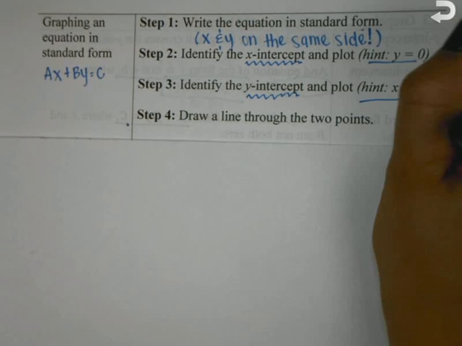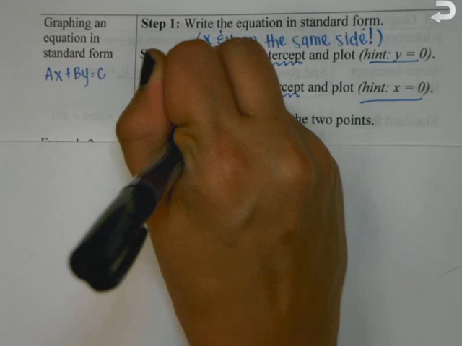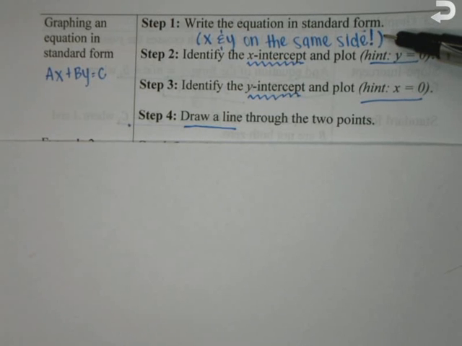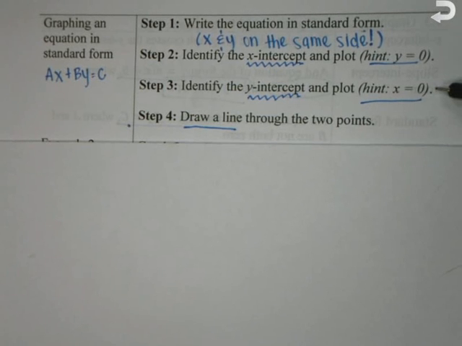And then step 4, you draw the line through the 2 points. So step 1, we get x and y on the same side. Step 2, plot the x-intercept, y equals 0 there. Step 3, plot the y-intercept, where x equals 0. And then step 4, draw the line.